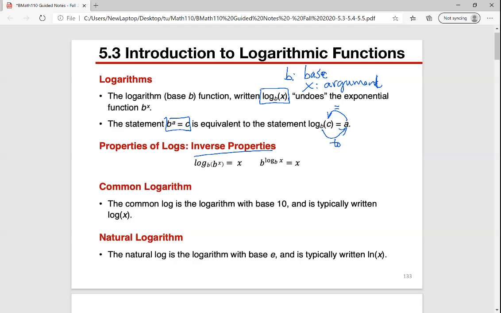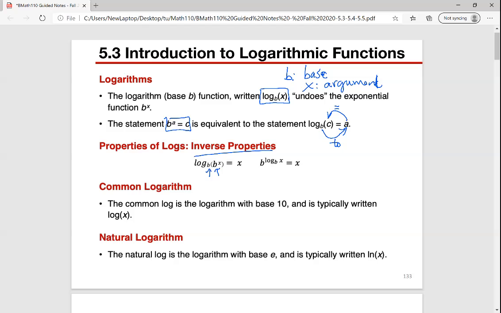So if the base of the log equals the base of the argument, then the log gives the exponent of the argument, which is x.